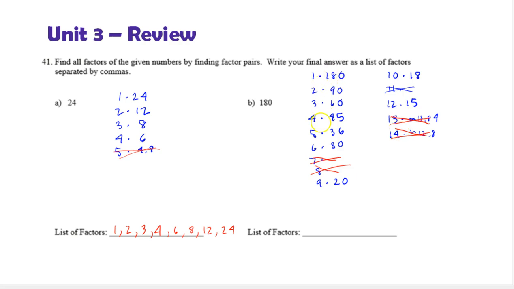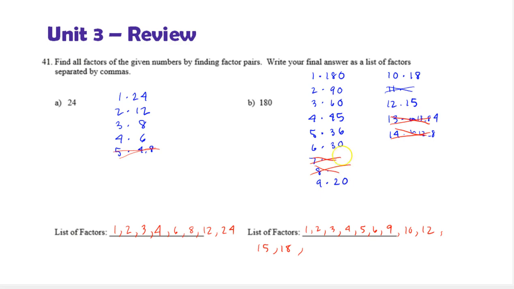So a lot of factors. 1, 2, 3, 4, 5, 6, 9, 10, 12, 15, 18.